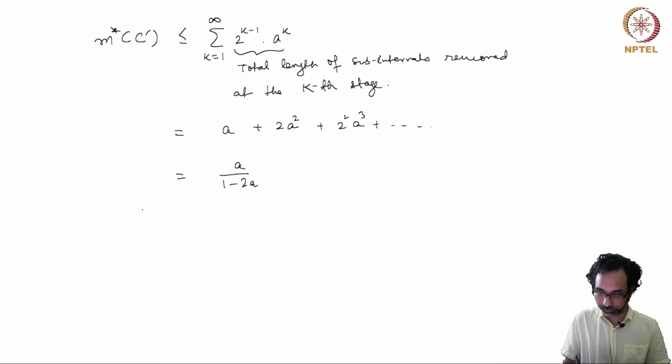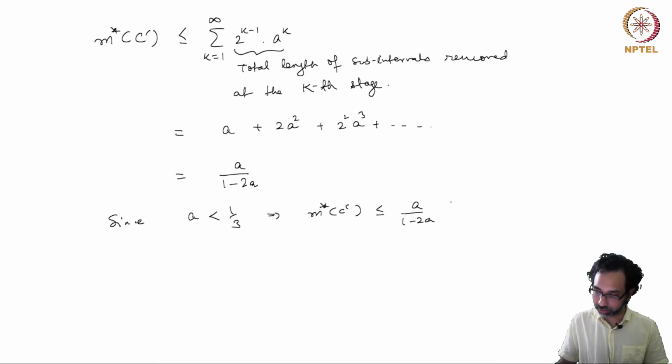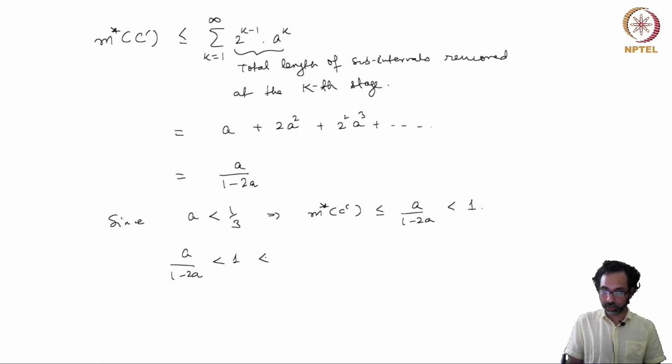Now since a is assumed to be less than 1/3, m star C prime is less than or equal to a over 1 minus 2a, and this is less than 1, because a over 1 minus 2a less than 1 is equivalent to saying that a is less than 1/3.